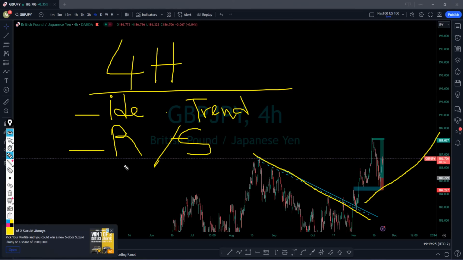So when the market is going down, when you identify the trend on 4 hours time frame, you're going to get that, oh, it's an uptrend or downtrend. So your job is to do what? If the market is downtrending, we're going to draw the resistance line only.